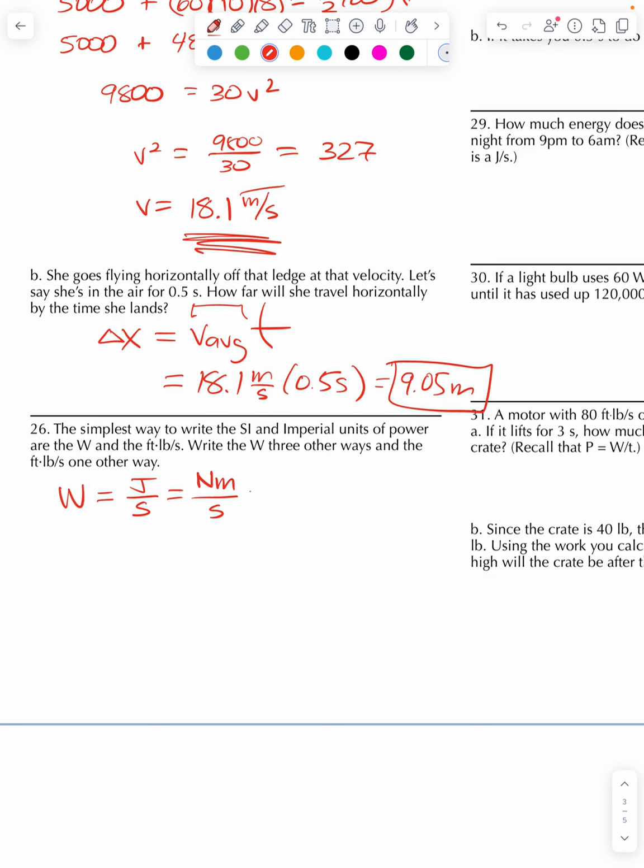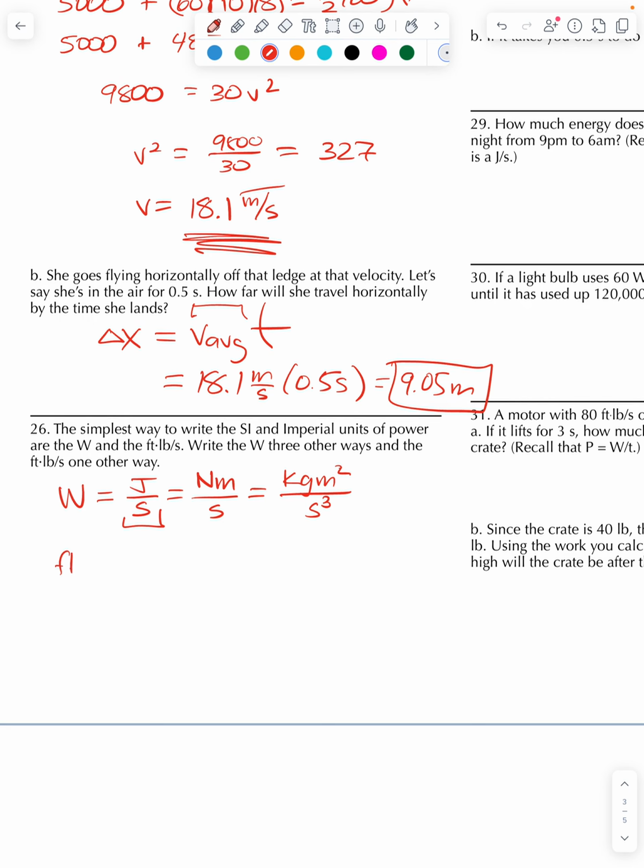But any of those, I just want to explain it, but you can also get kilogram meter squared per second cubed. And you can kind of see that from that one, that a joule is a kilogram meter squared per second squared, but then we're dividing by an additional second. Really complicated looking units, which is why we just typically write watts.